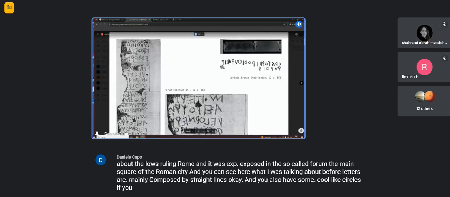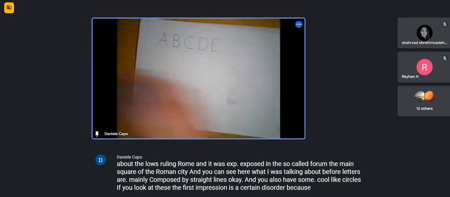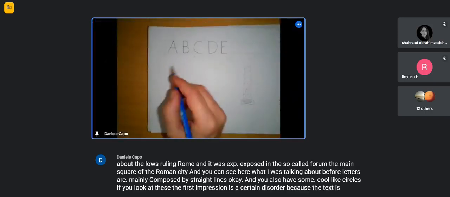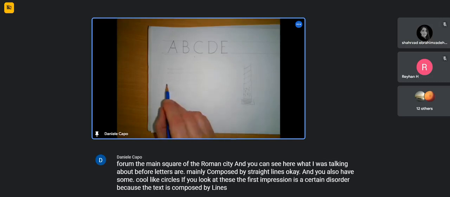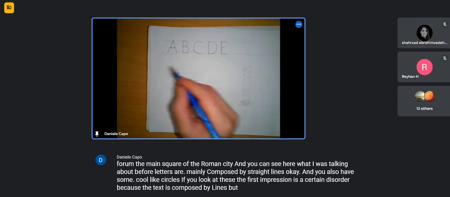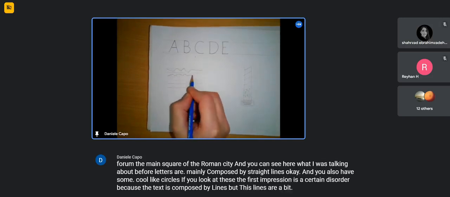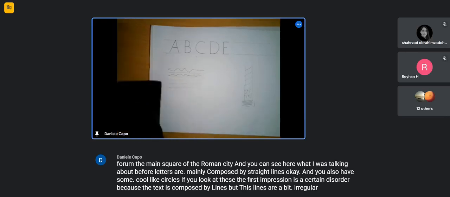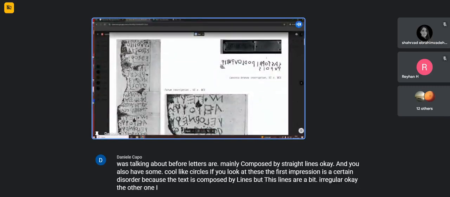If you look at this, the first impression is a certain disorder, because the text is composed by lines, but these lines are a bit irregular.